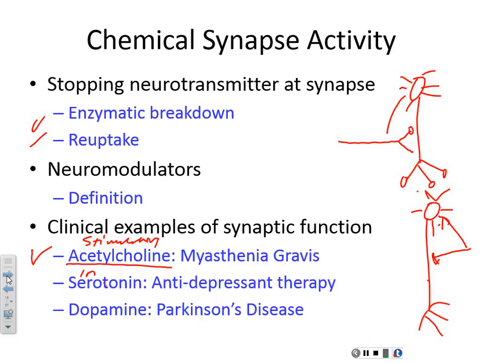So this is inhibitory, and it inhibits some of this excess noise that happens in your head that can cause depression. So serotonin, if it's lacking, then you become depressed, right? So you have those selective serotonin reuptake inhibitors, those SSRIs.